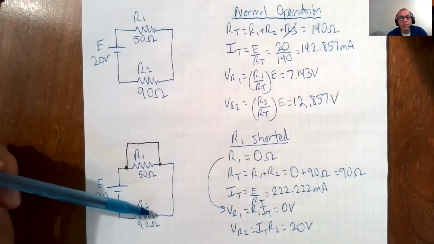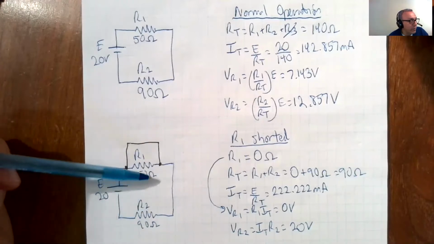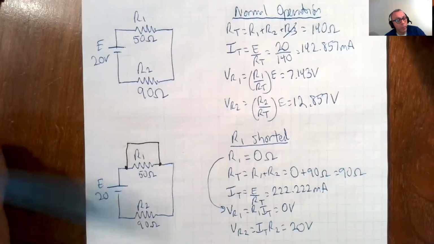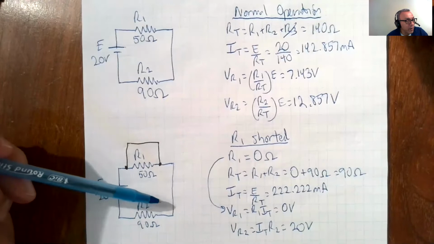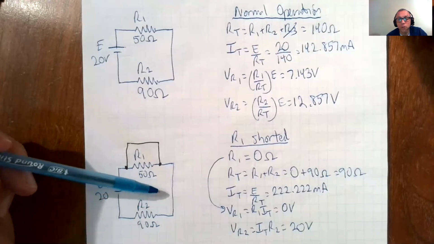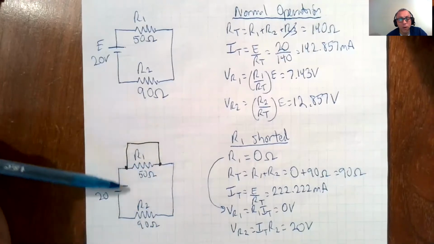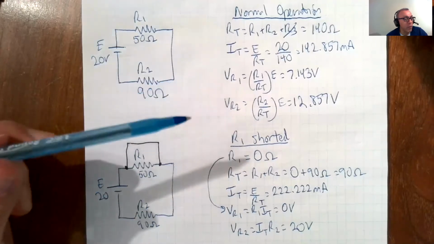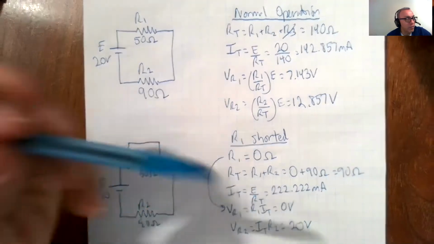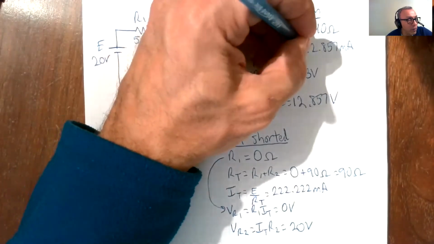What's going on? Is there any current in this circuit? And when we do open circuits, you're going to see why. You're going to see that there's 222.222 milliamps. So the circuit has not been broken, but IT is way higher than it's supposed to be. It's supposed to be 142, and it turns out that it's 222.